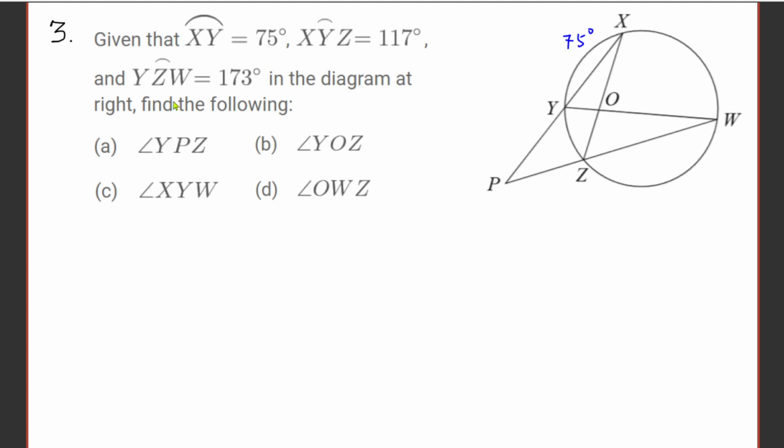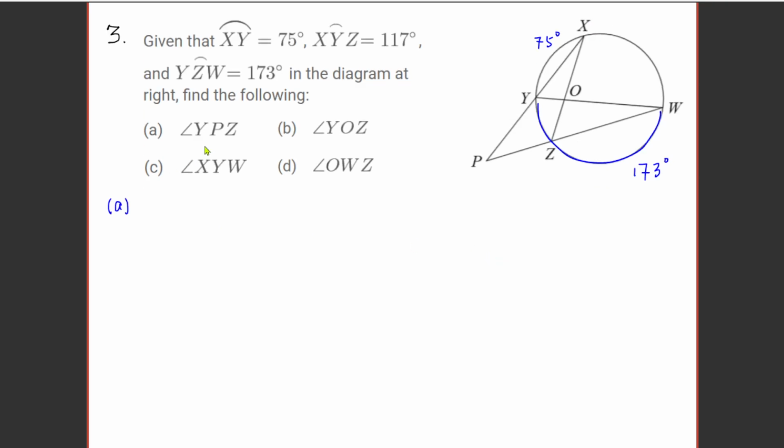And arc YZW, this longer arc here, is 173 degrees. Find each of the following angles. Okay, first we need to find angle YPZ.